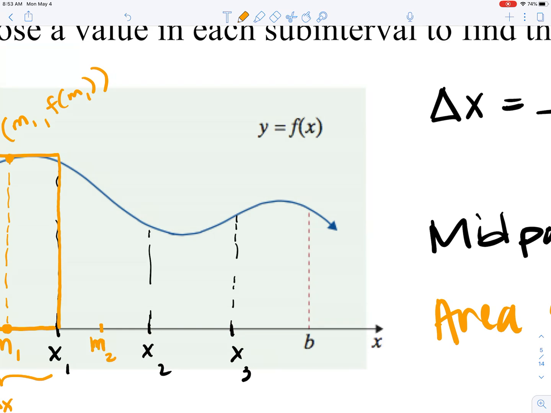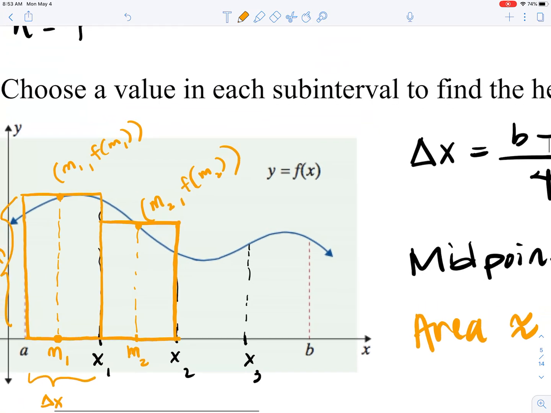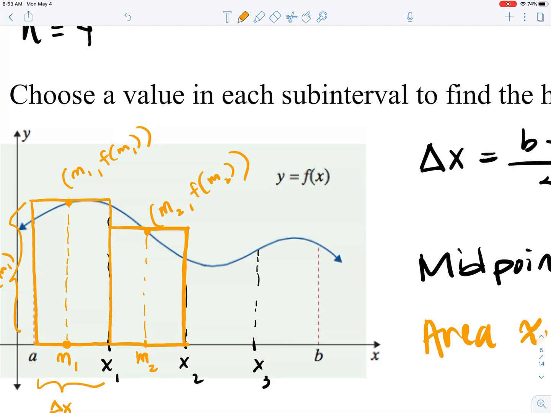The second rectangle will again have a width of delta x. I'm going to use the midpoint of that subinterval, which I'll call m sub 2, halfway between x sub 1 and x sub 2. The point on the curve would be m sub 2 comma f of m sub 2. So f of m sub 2 would correspond to the height of the rectangle.